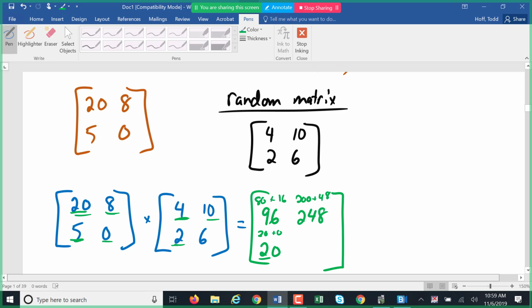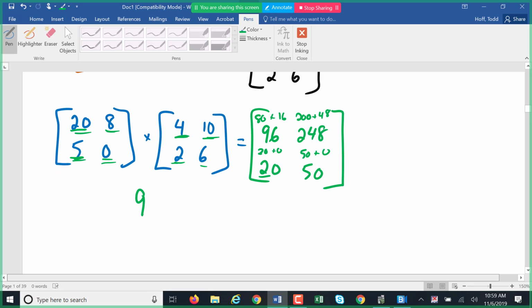And my fourth entry, I've got 5 times 10 is 50, plus 0 times 6 is 0, so that's just a 50. So that's my encoded matrix for that word: 96, 248, 20, and 50. That's the word "the" encoded with that key.